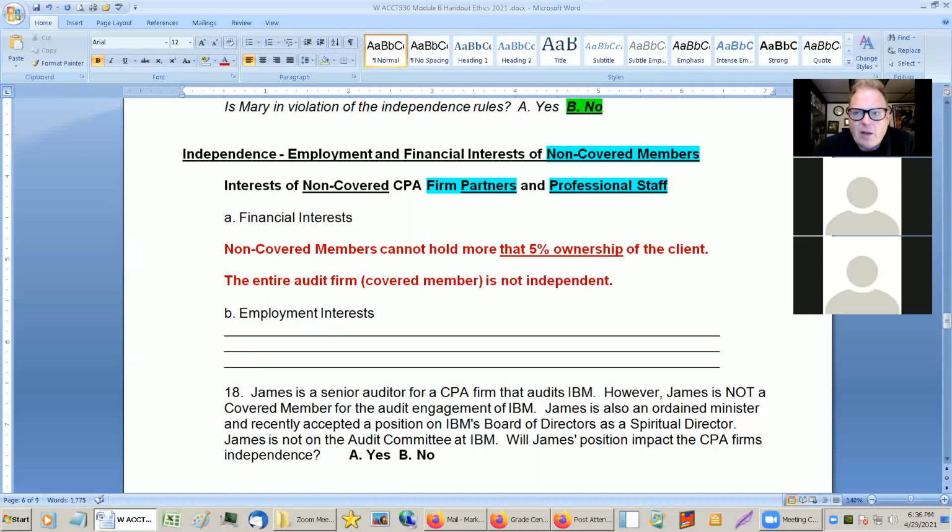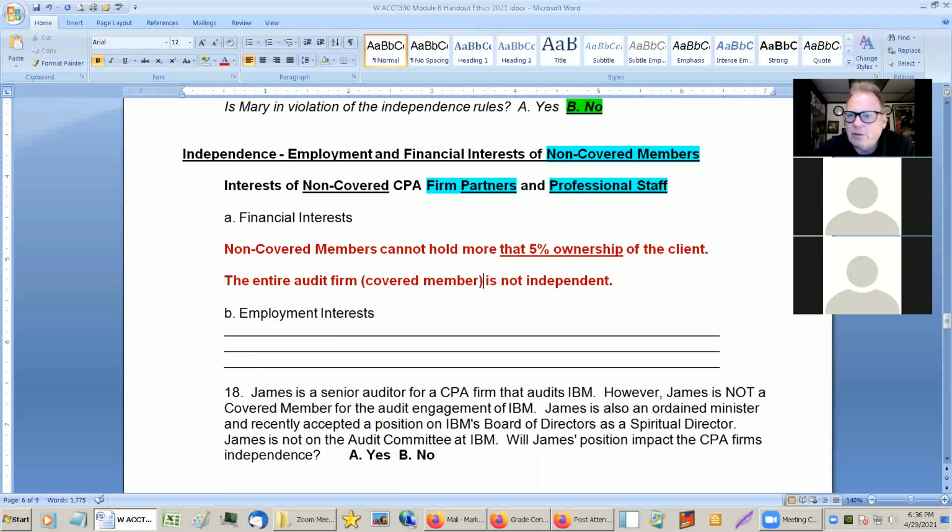Now, for publicly traded companies, it would be hard to imagine this coming into play. If you own 5% of IBM stock, you would probably be living on a private island somewhere with yachts and helicopters and stuff. But for smaller companies, it can happen, and it's not too uncommon to have someone who has a family business, who may have gone into accounting and is working for a CPA firm, who maybe still owns an interest in the family business.